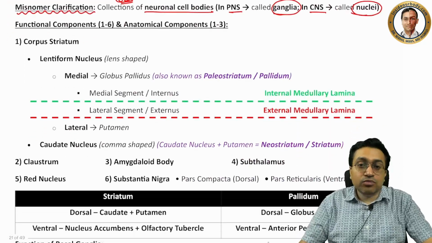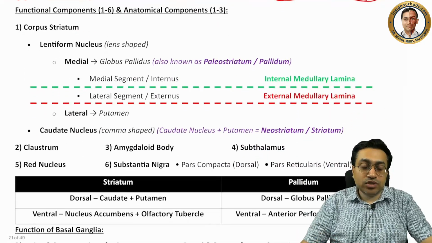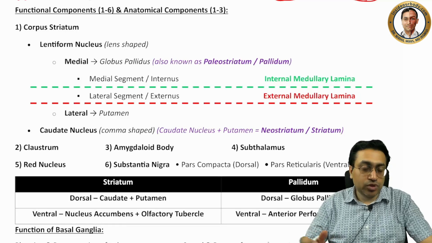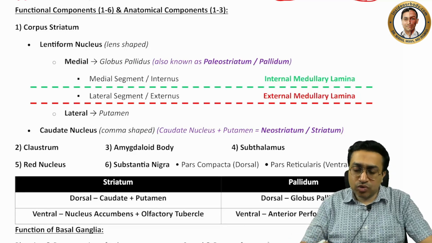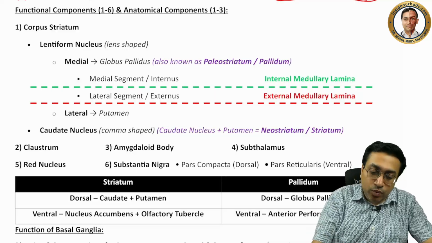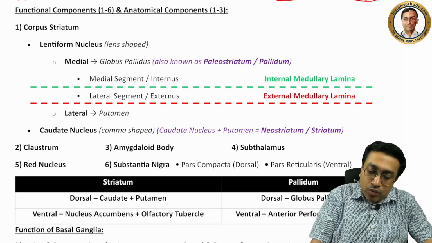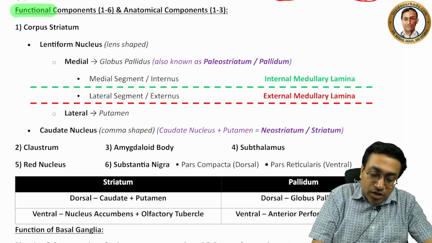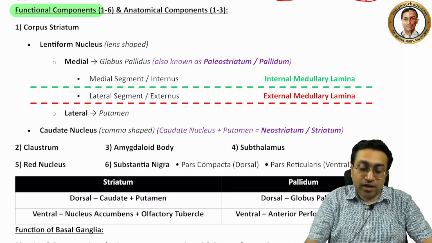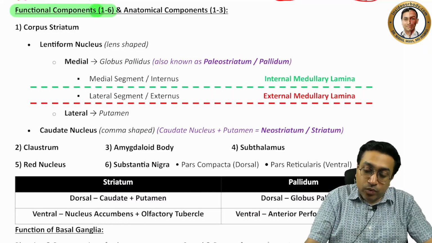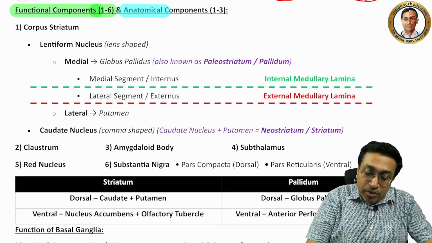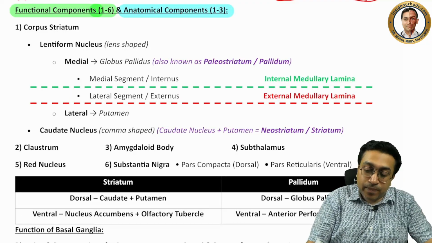Now we come on to the most important area where you get the questions as per NMC competency also in theory exams, and in MCQs also you will get this kind of basic information. The first and foremost is what are the functional components of basal ganglia, okay, and what are the anatomical components of basal ganglia, okay.